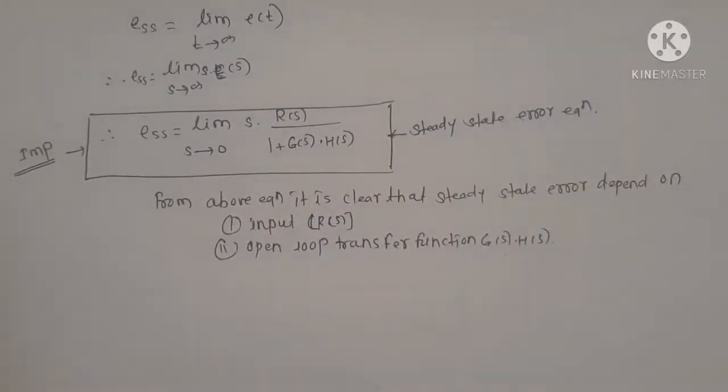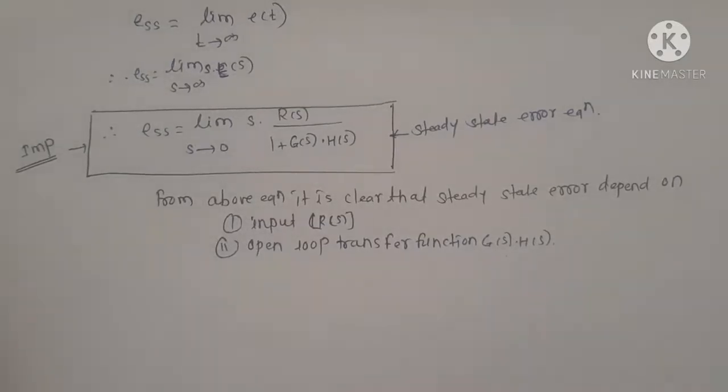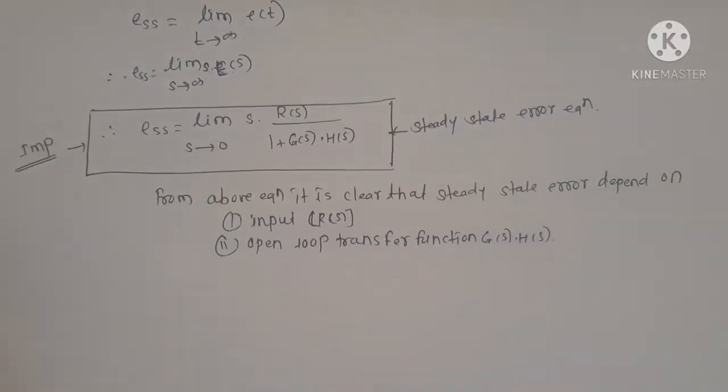error. There are three types of input: step input, ramp input and parabolic input. As there are three types of input, there are three types of static error coefficient.